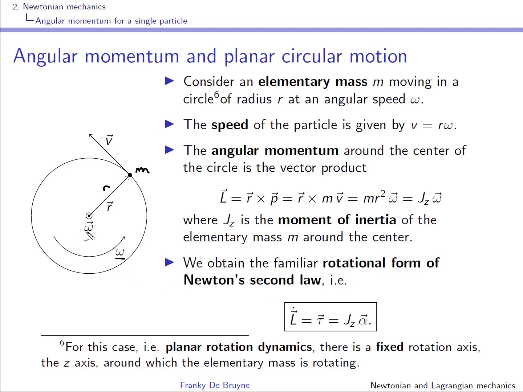So the angular velocity vector is omega with an arrow on top, and it is sticking out of your screen. The speed of the particle, okay, which is the magnitude of this velocity vector, is r times omega. So this is the velocity vector, and this is the position vector.